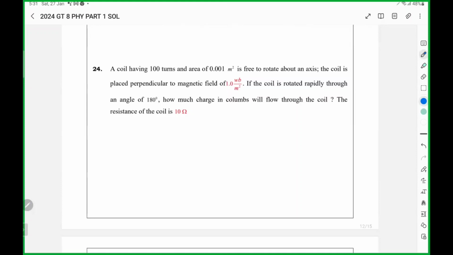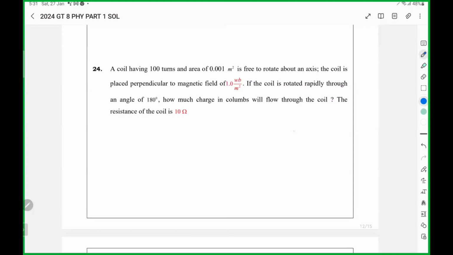So another one, a coil having 100 turns and area 0.01 meter square, free to rotate about an axis.